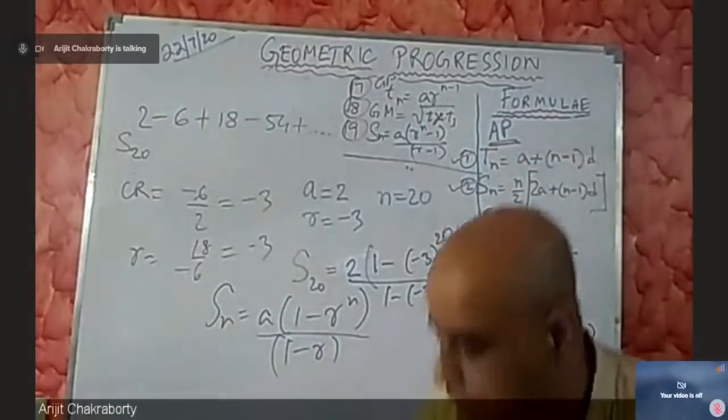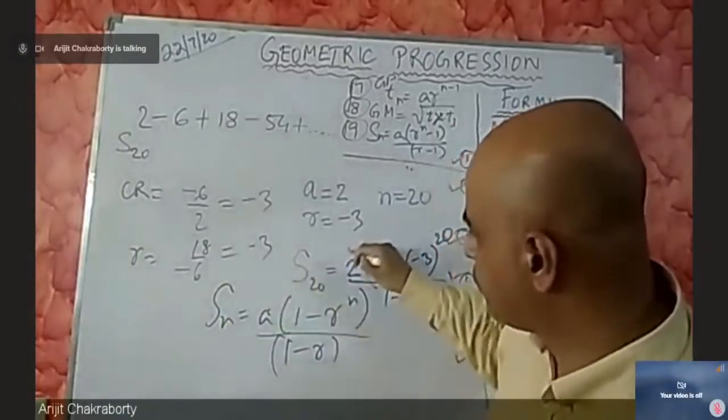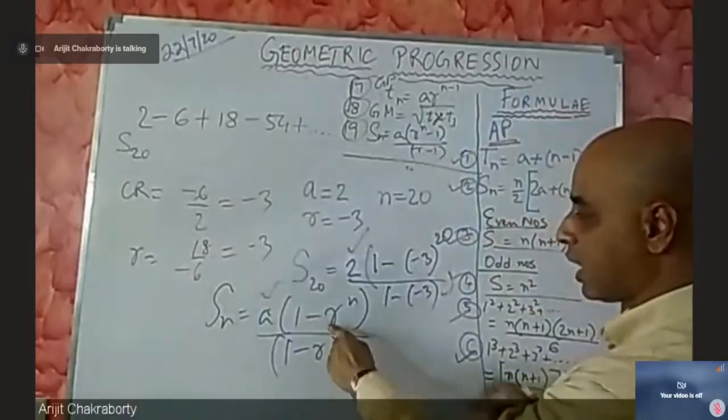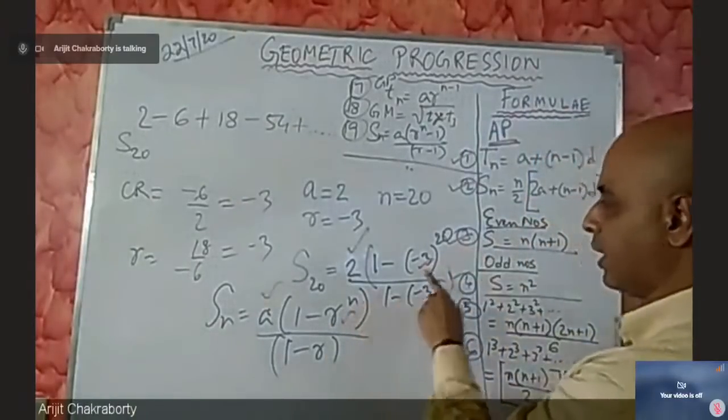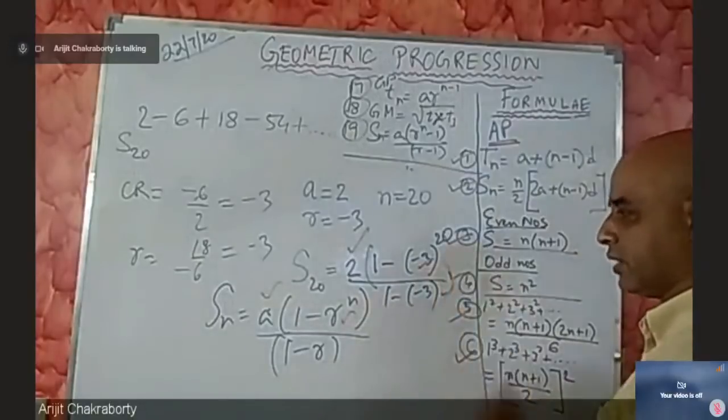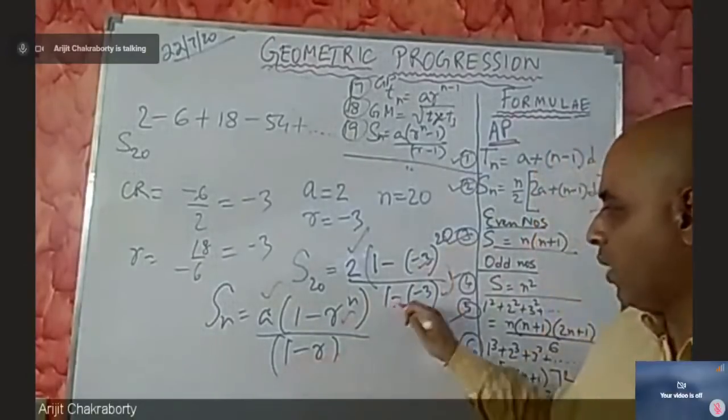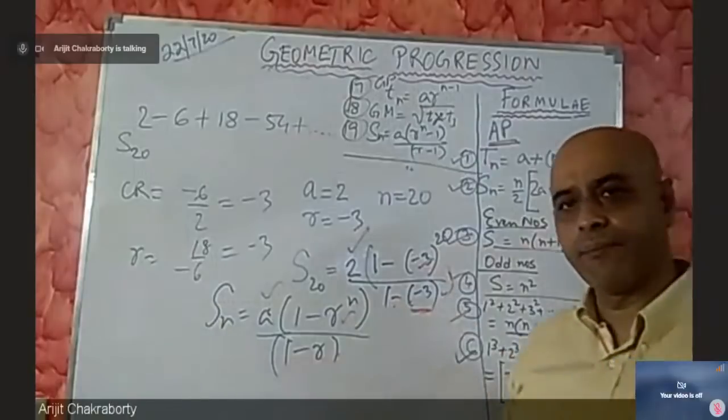Okay. So please see this: A, 1 minus R to the power N. This R is minus 3. R to the power N, here it is minus 3 to the power 20. 1 minus R, R is minus 3.